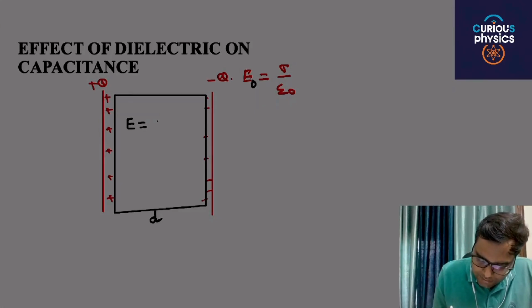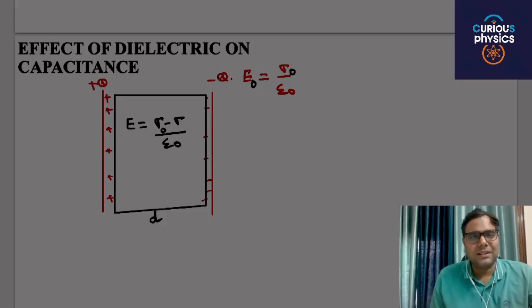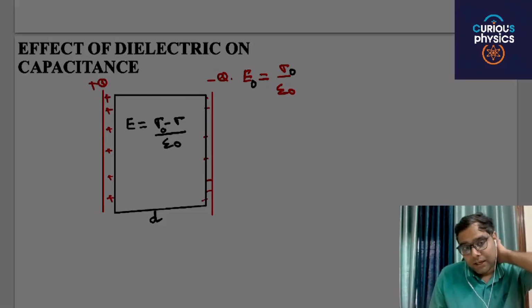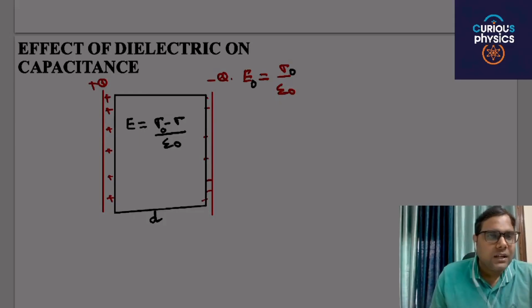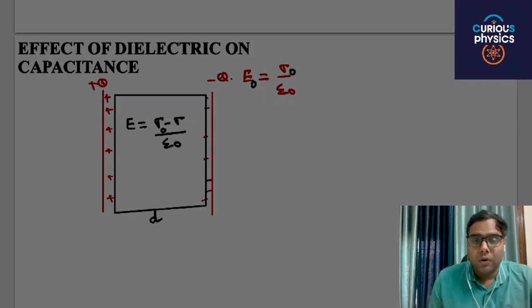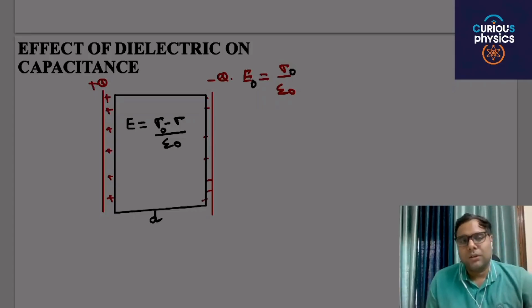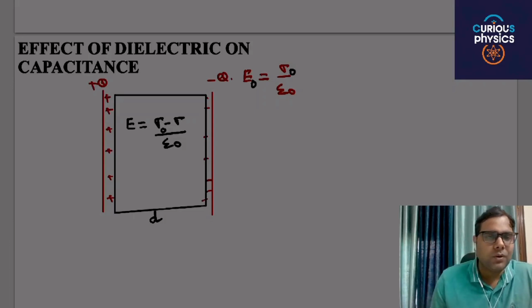Let's say initial sigma naught, then sigma naught minus sigma divided by epsilon naught. This is the value of electric field when the dielectric was introduced, because inside the dielectric the net electric field will not be 0 due to its properties. Are you able to understand my point?